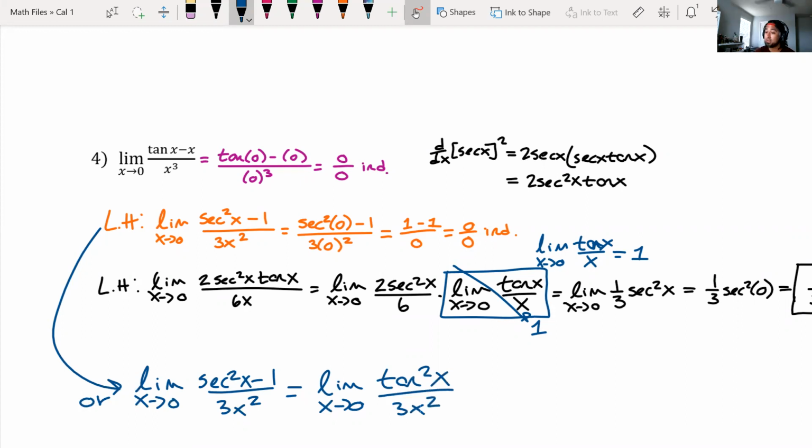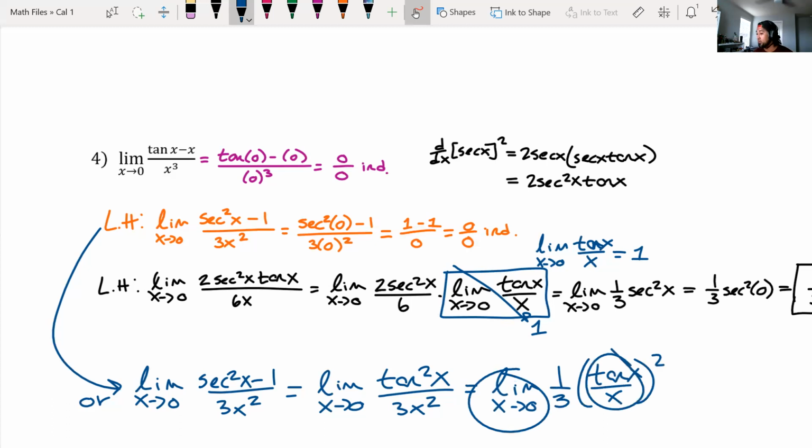And we can split this up, right? You can split it up as the limit as x approaches 0 of 1/3. Actually, just take that 1/3 out and I can rewrite this as tangent x over x squared. And once again, as this limit goes to 0, what number is tangent x over x going to?